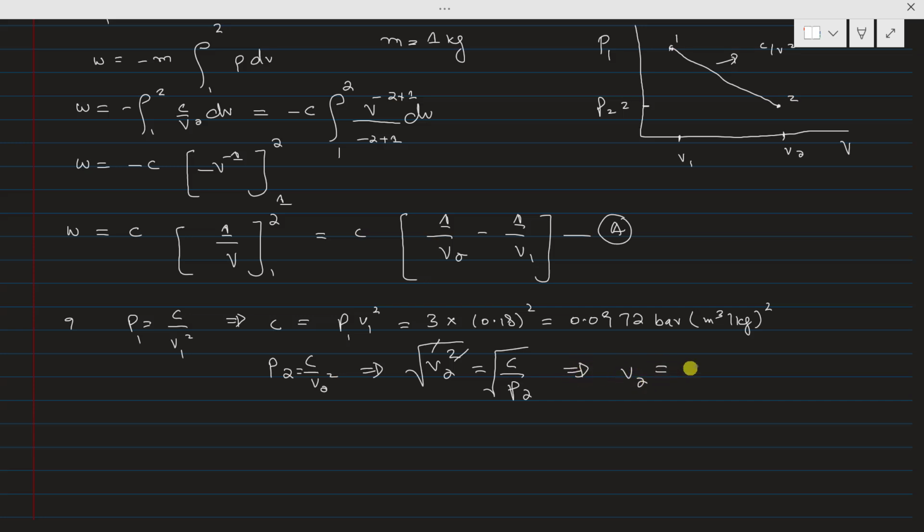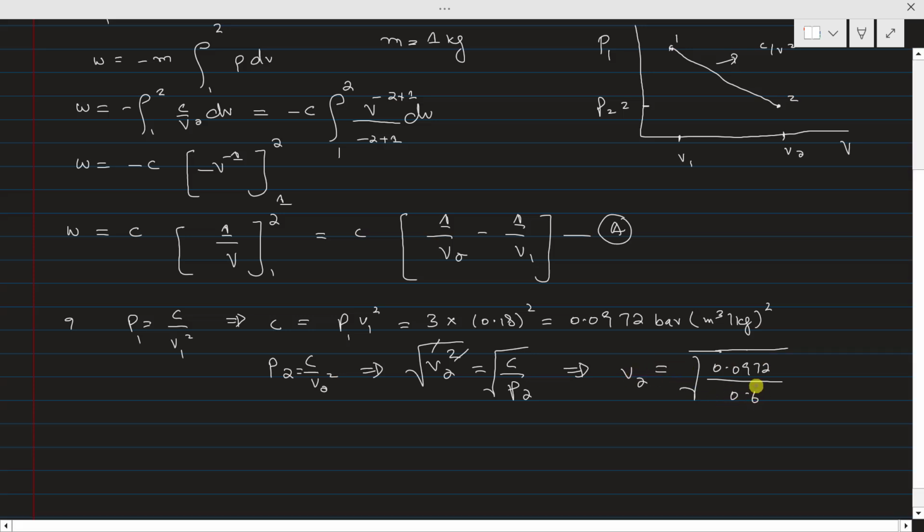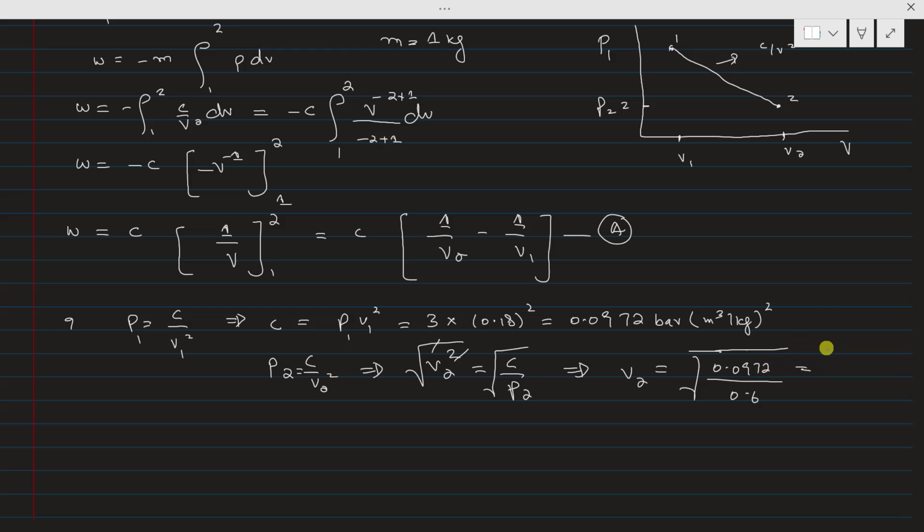This V2 value will be equal to the square root of C, which is constant, 0.0972, divided by P2. What is P2? That is 0.6, given in the statement. I already mentioned it at the start. After simplification, you will get the specific volume value, that is 0.402 meter cube per kg.